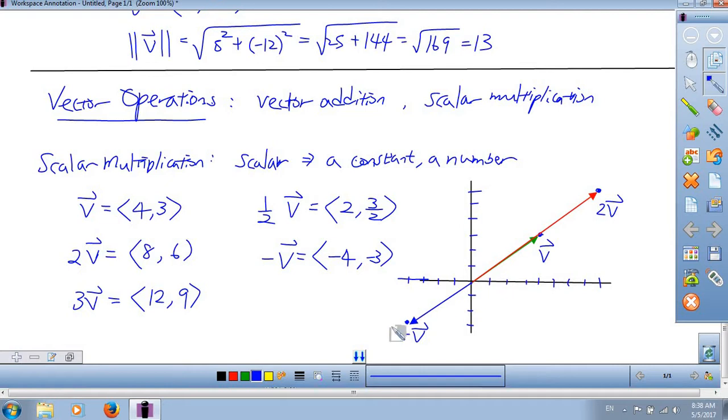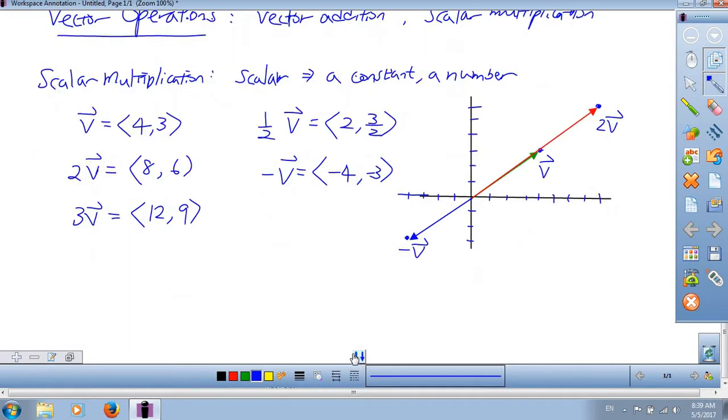You see, it's going in the opposite direction. So whenever you multiply a vector by a negative scalar, you're basically turning it around. And if you multiply by different numbers, you can make it larger or smaller. So that's the basic concept of scalar multiplication.